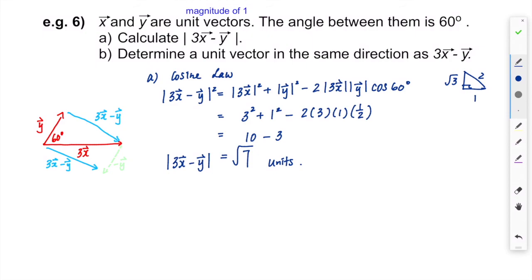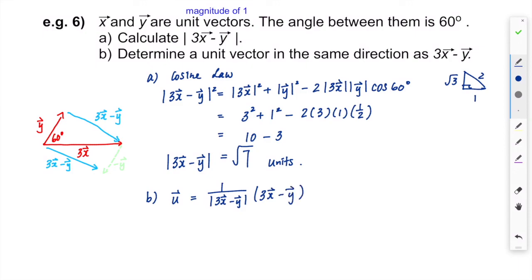Okay. And now we have to determine a unit vector in the same direction as 3x minus y. Well, now we have the magnitude. It's easy to find the unit vector because all we have to do is take 1 over the magnitude of 3x minus y and then multiply by the vector.